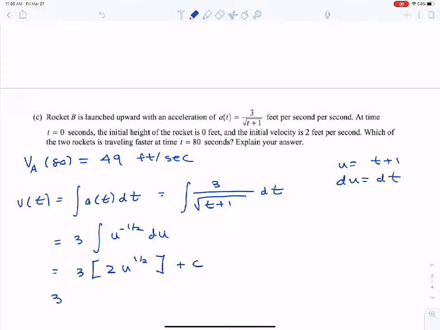So this is going to give me 6 times, actually, the square root of t plus 1 plus c. Okay, I still need to solve for c, obviously, but whoops, I don't know why I have a 3 there. Okay, so far, see if you have any questions. There's a little bit more to do on this, but there's not a lot.